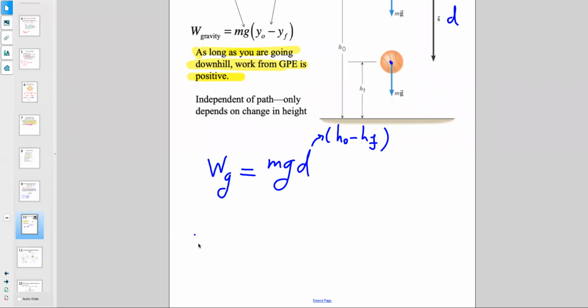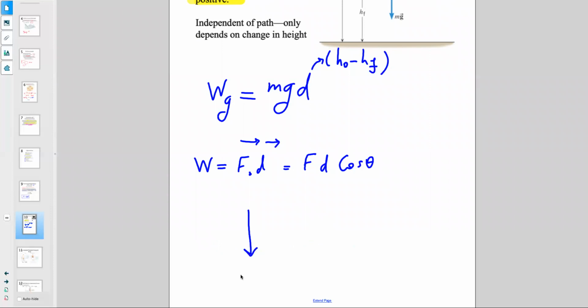Remember the sign. If I want to write the work formula, I would say F dot D, the dot product with D. So I have F D cosine of theta. And this cosine of theta is important because mg is down, towards the Earth's center. Your displacement is also down, so they are in the same direction. In other words, this cosine is cosine of 0, which is always 1. So you're doing a positive work if you're going down.